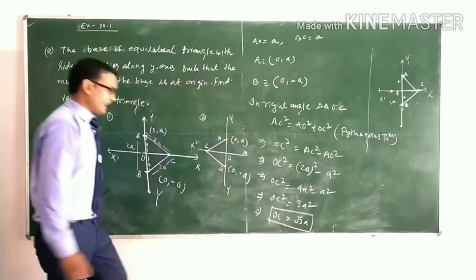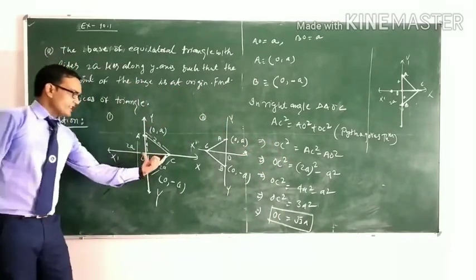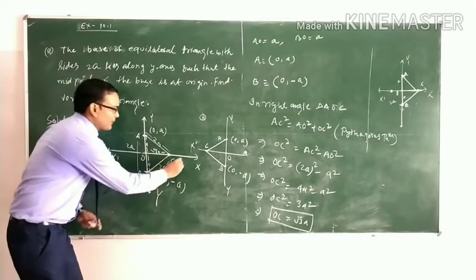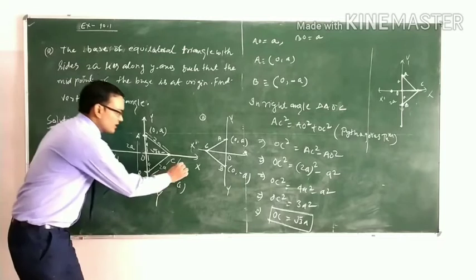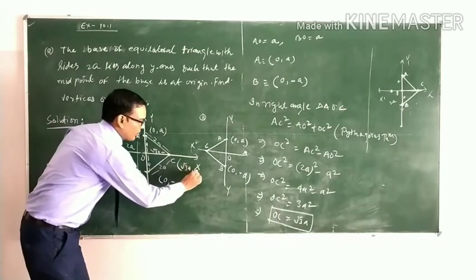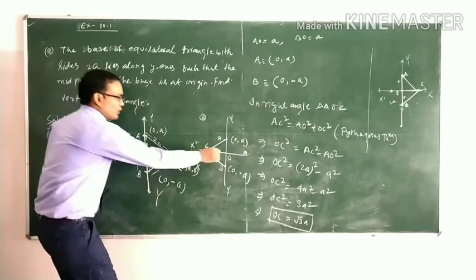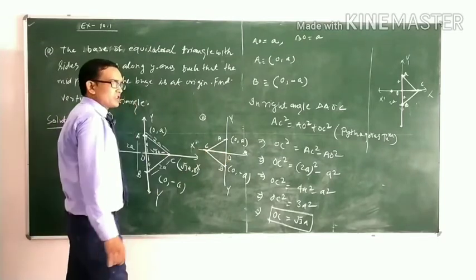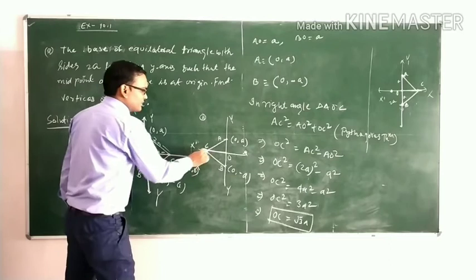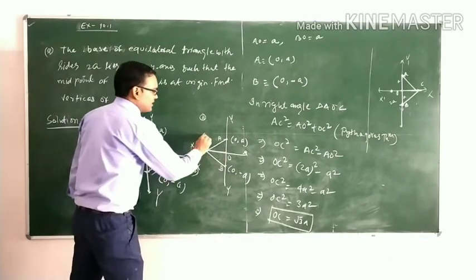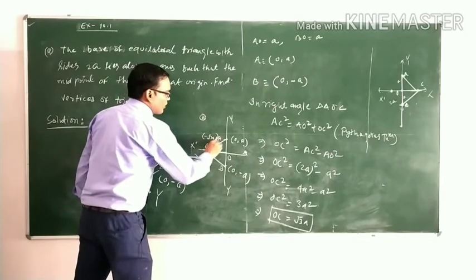If OC is square root 3A, then the coordinate of point C is square root 3A comma 0. This is the positive direction. And in a negative direction, the coordinate of point C is minus square root 3A comma 0.